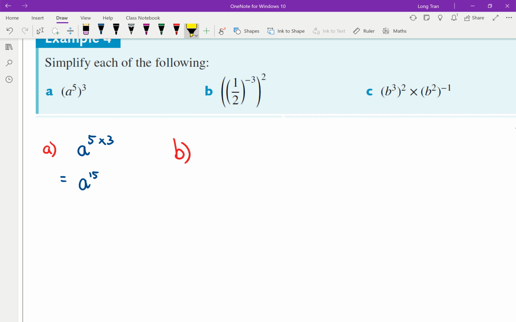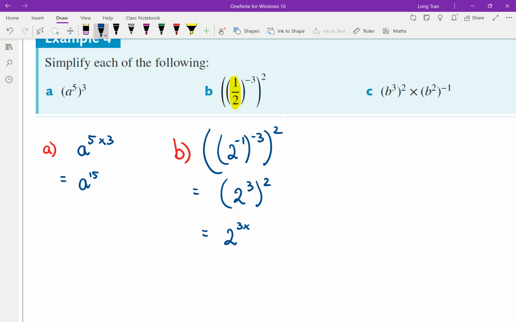I'd like to change that 1 over 2 to actually be the same thing as writing 2 to the power of negative 1. And that's all to the power of negative 3, and then all of that to the power of 2. So let's work this out. This now becomes 2 to the power of 3 all squared, which is the same thing as writing 2 to the power of 3 times 2, and that now becomes 2 to the power of 6.